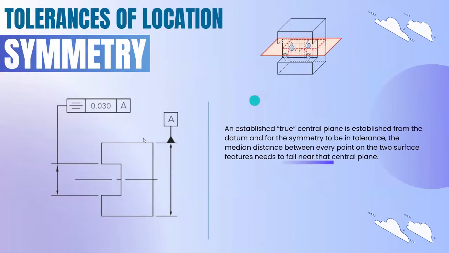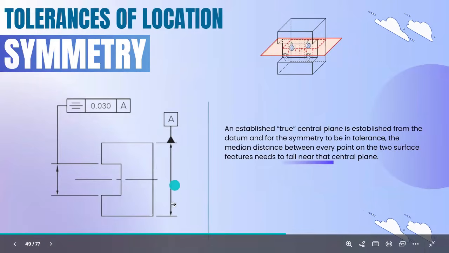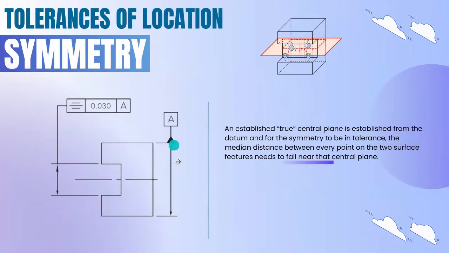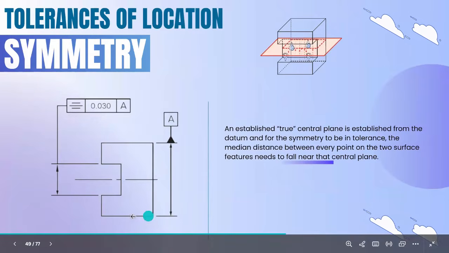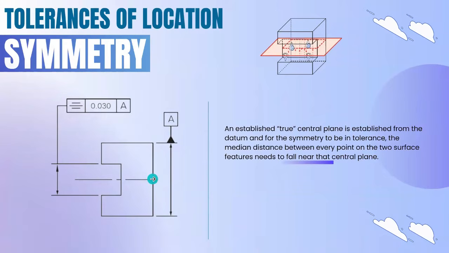Symmetry is also the same. Here you can see if they have extended this line and this thickness, and in this thickness they have mentioned any datum, then the reference should be the mid plane. For example, with respect to this plane and this plane, we can get a mid plane. So it will be the datum.